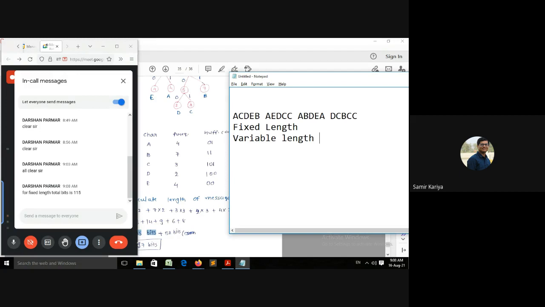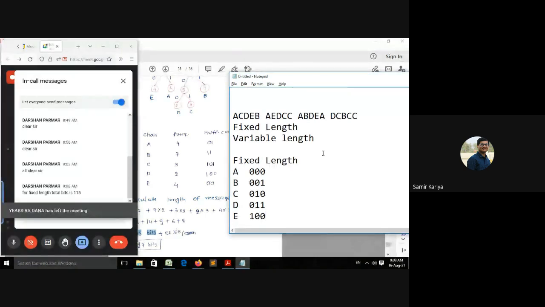So fixed length, first of all, just simply count how many bits are required. Okay, Darshan, 115. Okay, might be correct. Let's see. So 5 characters, that means we require 3 bits. Then count the length.